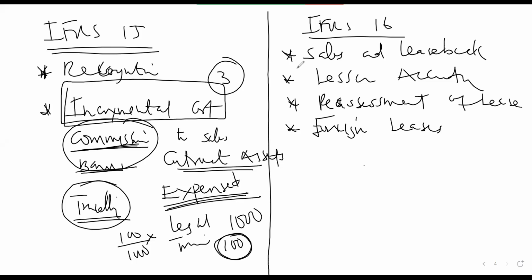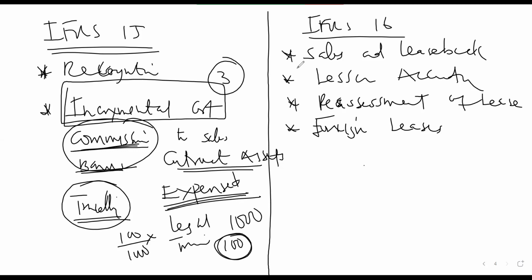Any difference over there will be taken as retranslation loss, or a loss on translation, that will be taken to profit or loss. That is how we do it. So at the end of every year, you remeasure it using the principles of IAS 21.